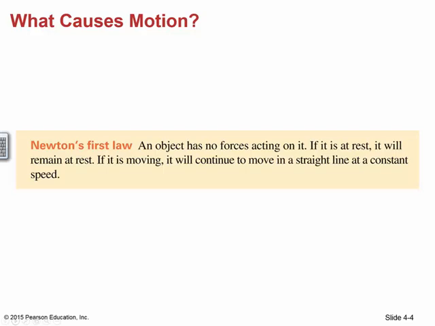And that really goes in line with Newton's first law of motion: an object will remain at rest until acted upon by an outside force, or an object will remain in constant motion until acted on by an outside force.